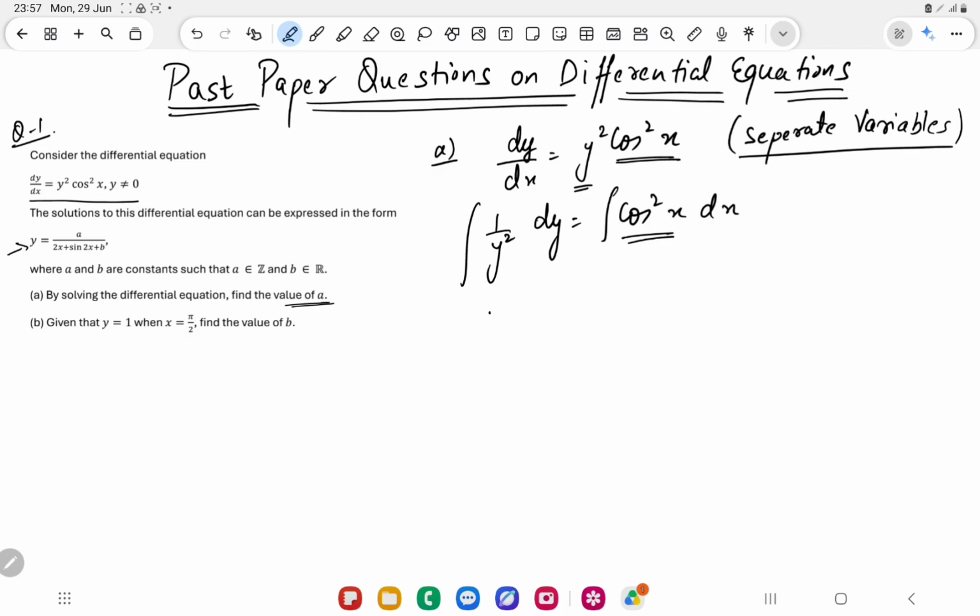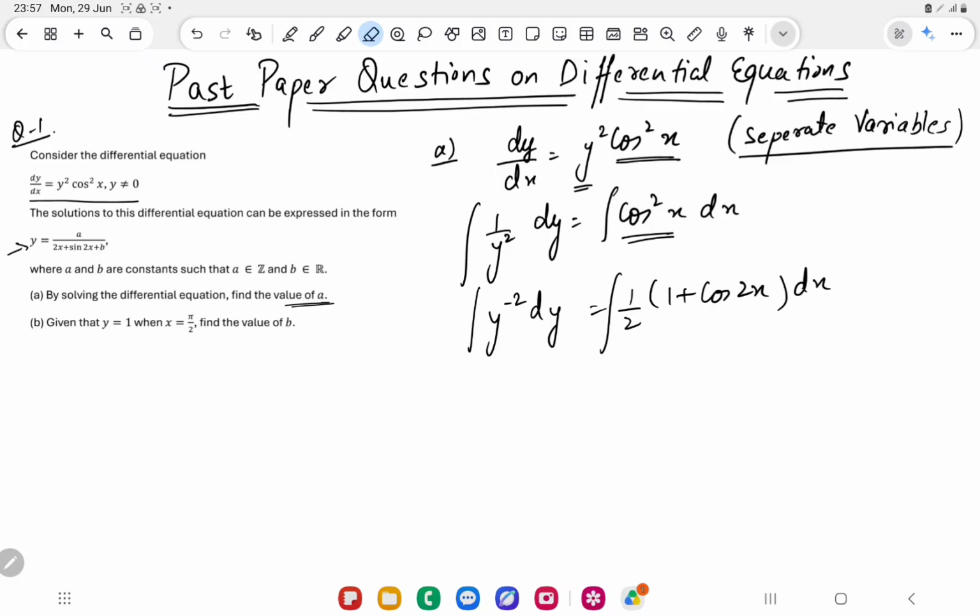So this you can write as the integration of y to the power minus 2 dy, and this I can write as the integration of half times (1 plus cos 2x) dx.